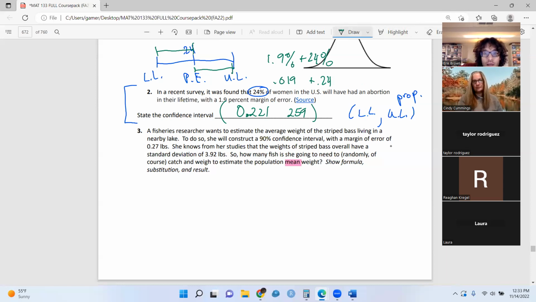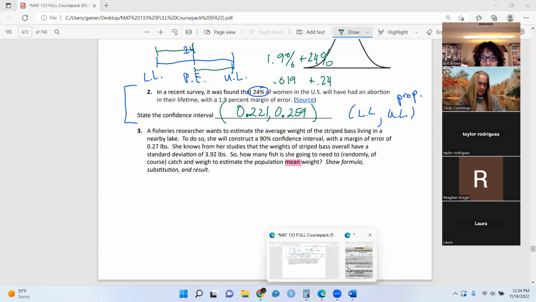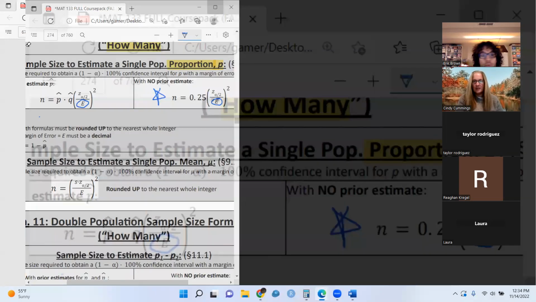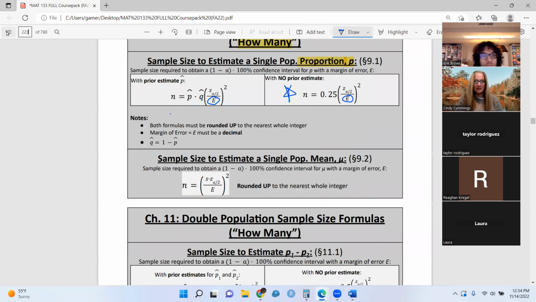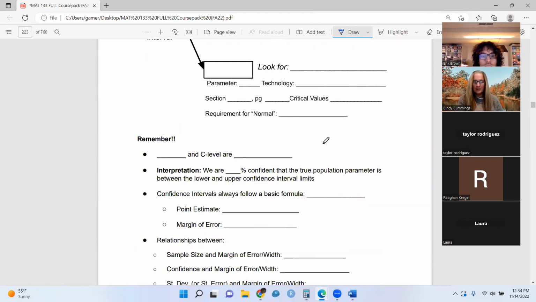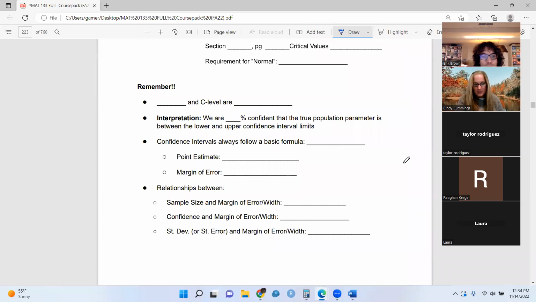How's everyone feeling about that? So you guys, if you look at your flow chart we did on page 223, it's one of the things that we have, like the bullets to remember. If you pull down, it's the basic formula, confidence intervals, always filled in.